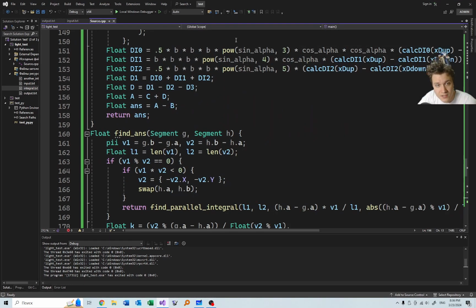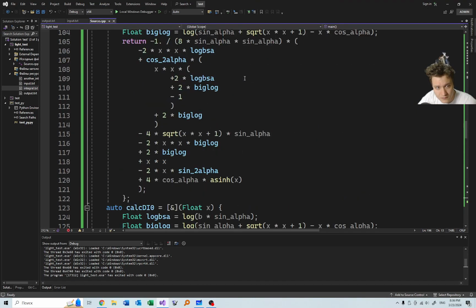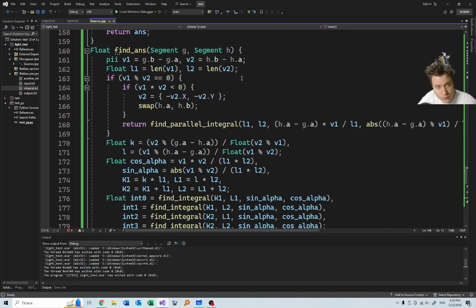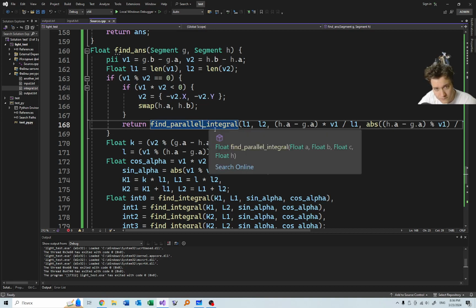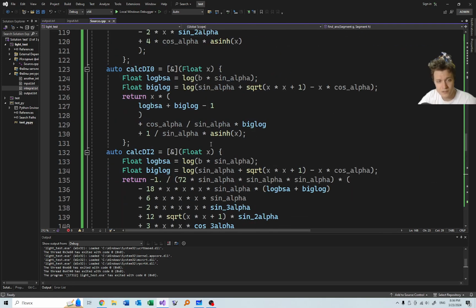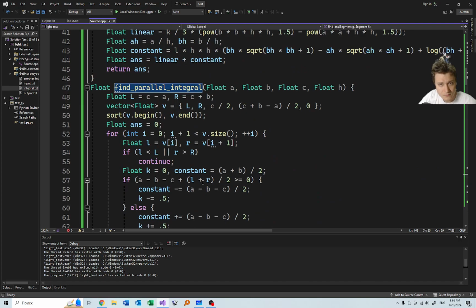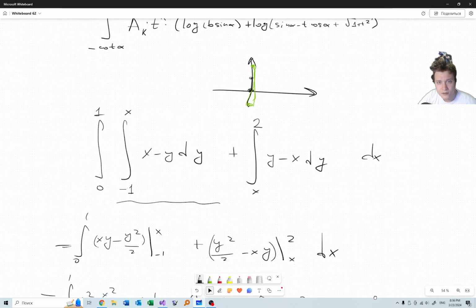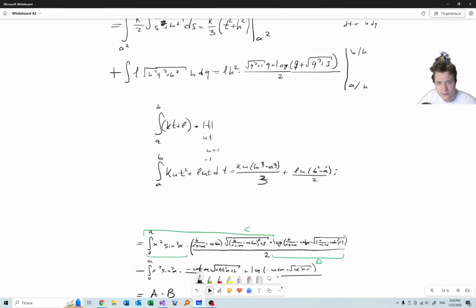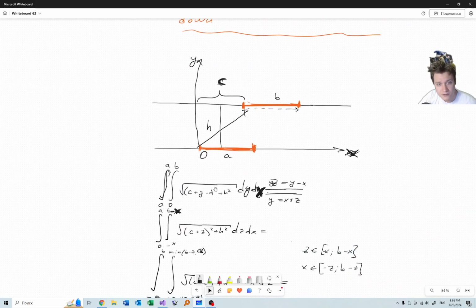Let's see what I did. What did I do? This is a parallel integral. So how do we calculate a parallel integral? Let's go back to this parallel integral. But here it is.